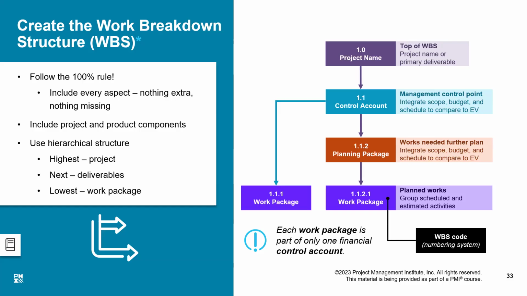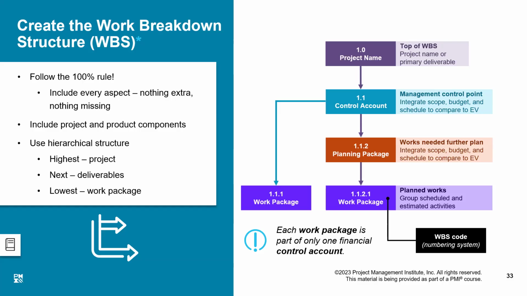Then every control account will be broken down to the work packages, if it can. If it cannot be broken down, I will place it as a planning package. And when the data becomes available, I then break it into work packages. Whereas those rooms which have all the data clear, I can directly convert them into work packages.